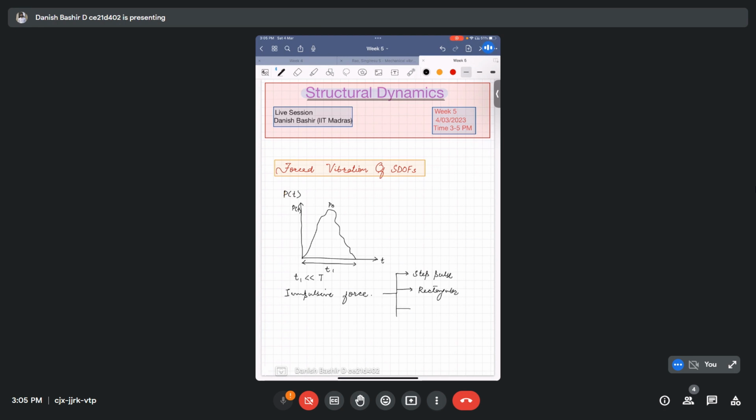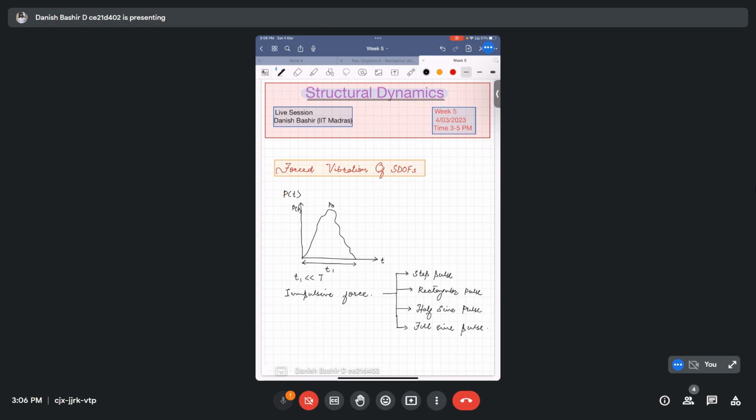Another one is the half sine pulse. And another common one is a full sine pulse. You will get to know about all these in a couple of minutes.